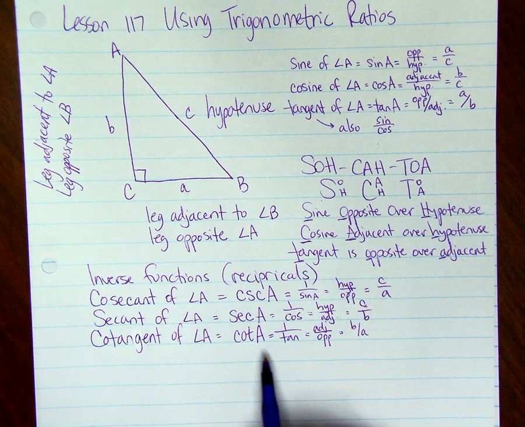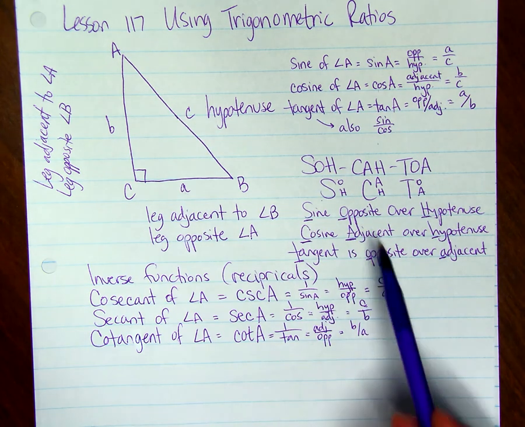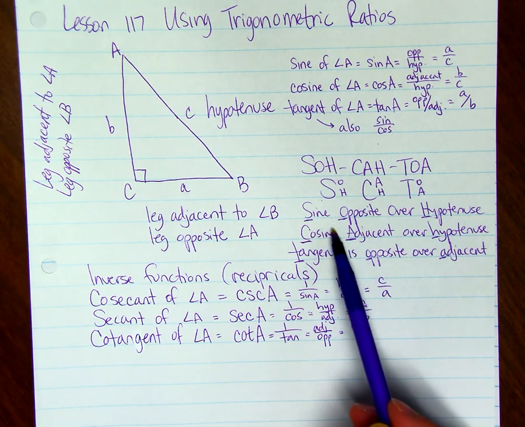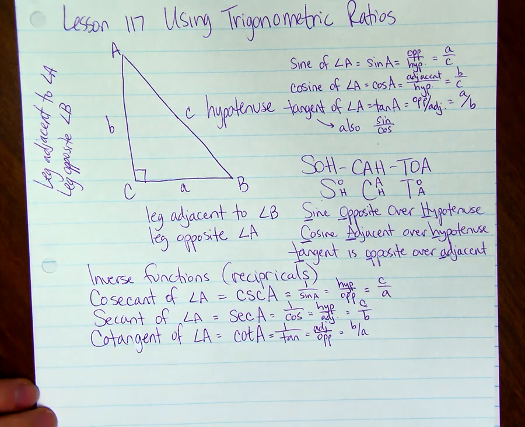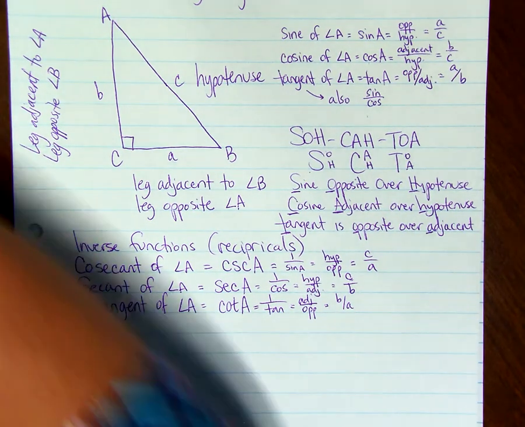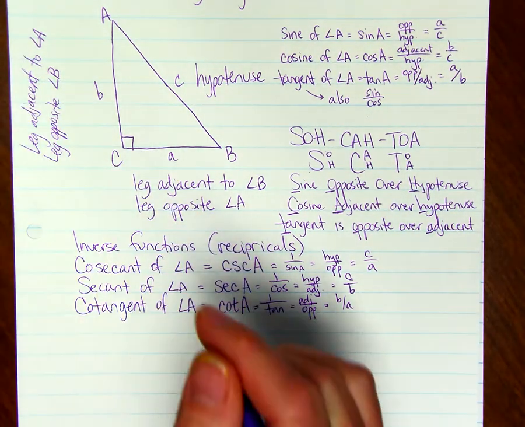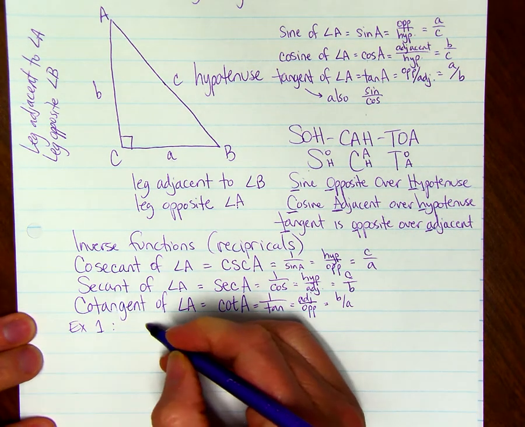Now this is all in relation to angle A. You can also do all of these 6 different trigonometric ratios with angle B. So let's give an example. Example 1. We have a right triangle.